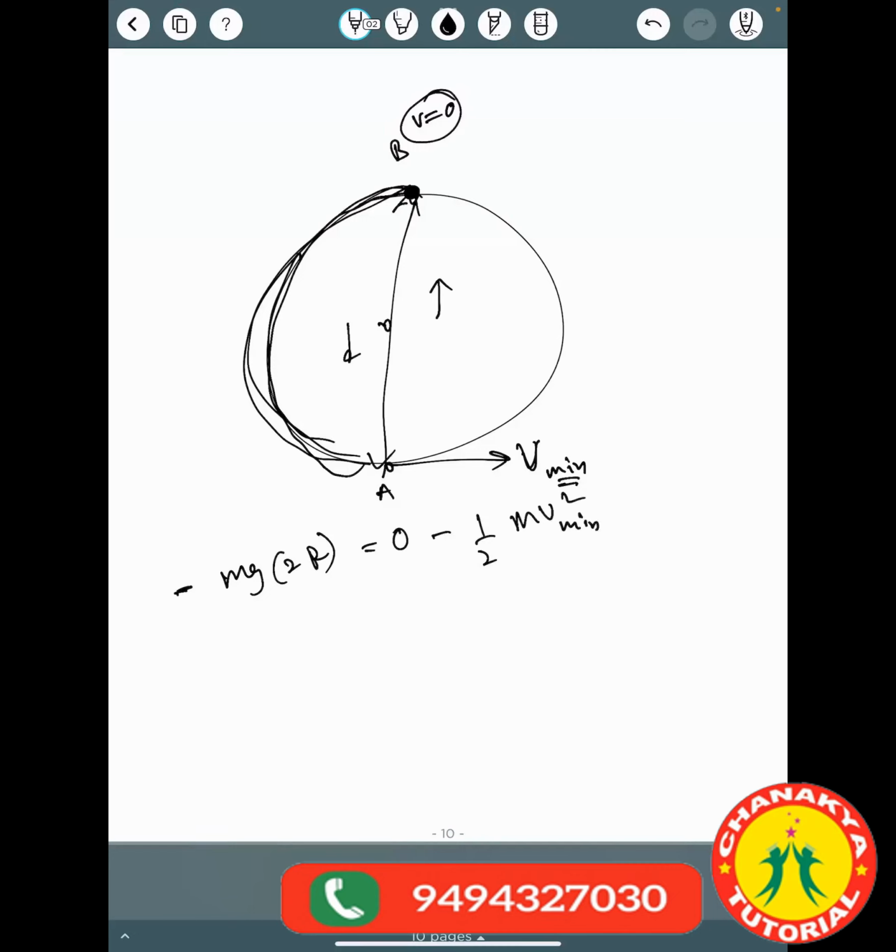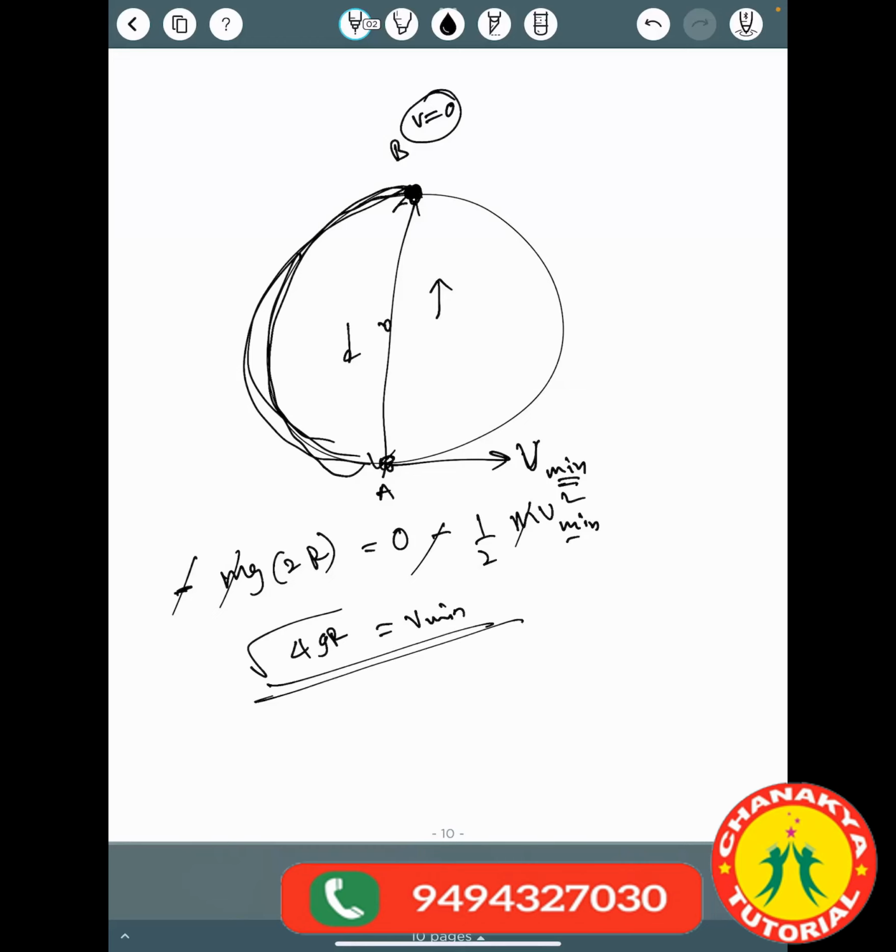So from here, what value of v are you getting? M got cancelled out. So it is root of 4 g r. This should be the minimum speed you should throw so that it reaches the topmost point and completes the circle. Any doubt here, guys?